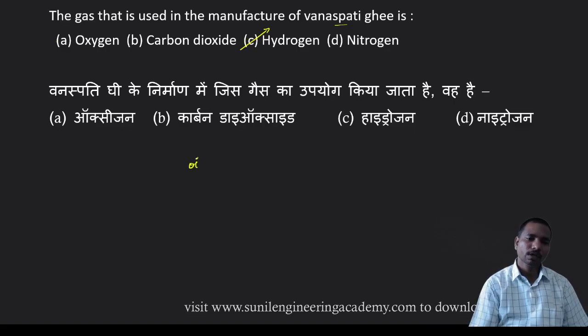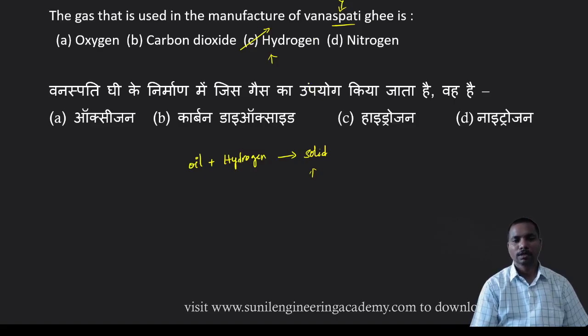If the oil is mixed with some hydrogen, it becomes like a solid oil. That process is called hydrogenation. So the answer is option C. Vanaspati ghee is used to make biryanis and some sweets in the place of ghee. Ghee is very costly, na? So that's why they go with vanaspati ghee.